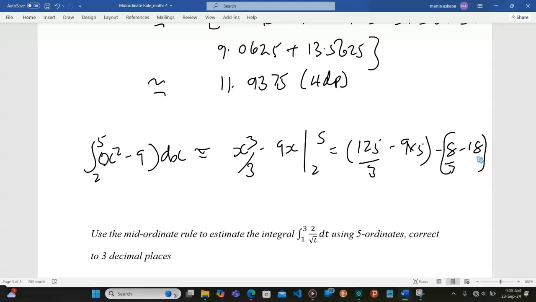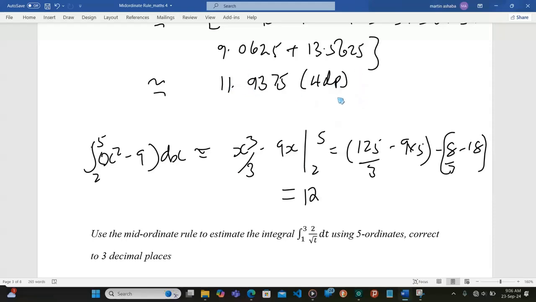On my calculator, this gives me 12. So the exact area is 12.